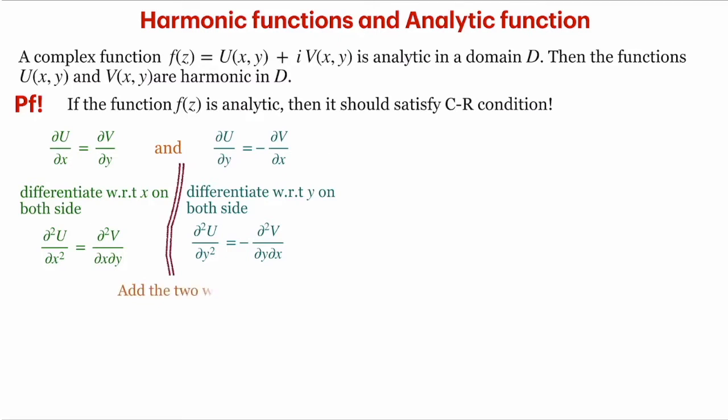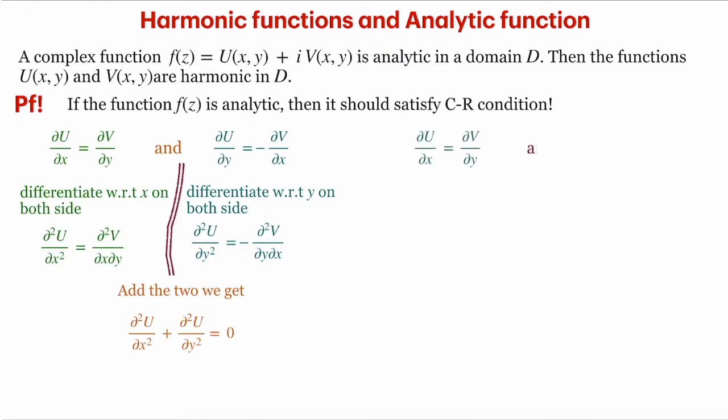Now we add these two equations, and then we get del square u by del x square plus del square u by del y square is equal to 0. That means the function u is harmonic, given the condition that f of z is analytic.